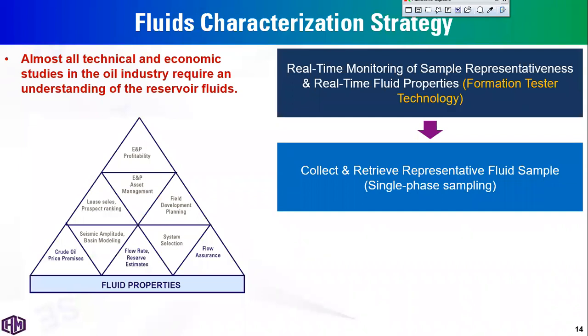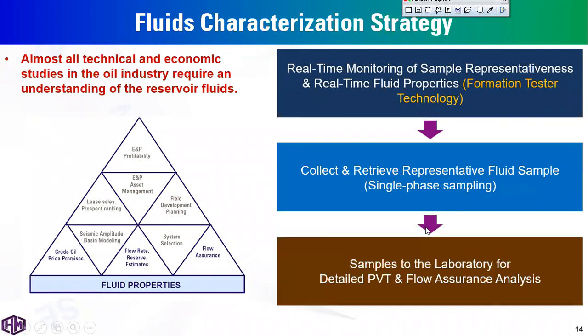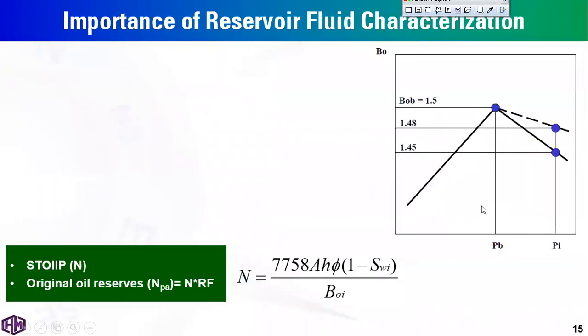Once the sample is collected, we can collect a bottom hole sample at a single phase condition, above the saturation pressure, and then the sample will be directed to the PVT laboratory for lab experiments and flow assurance analysis.